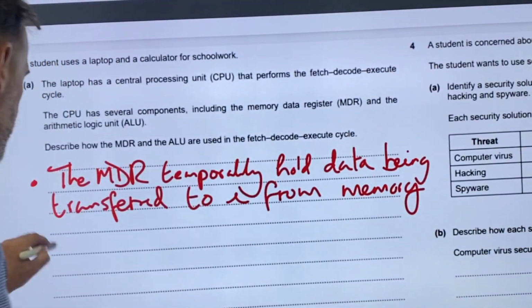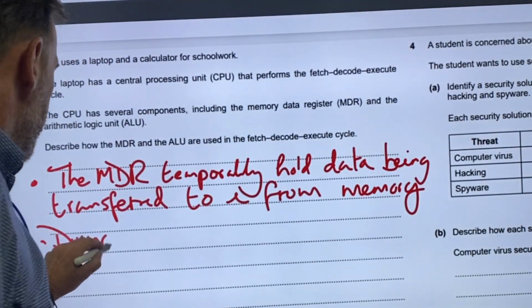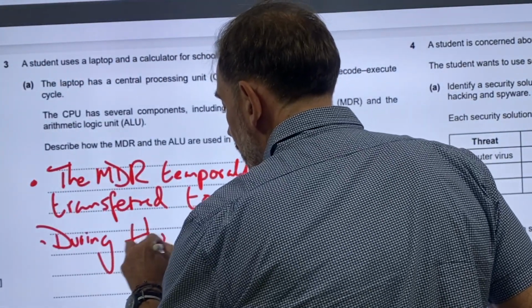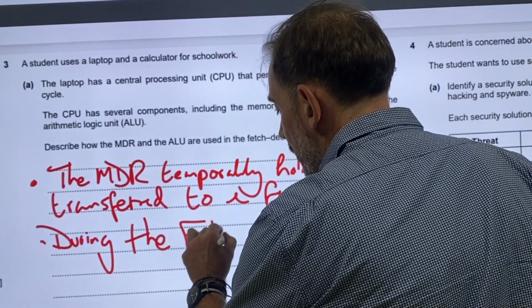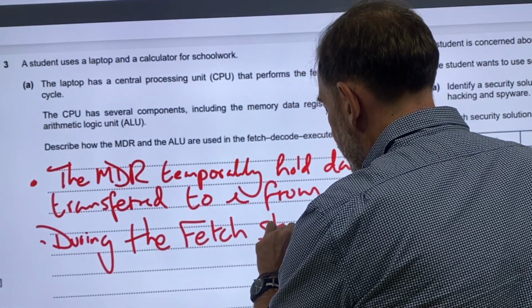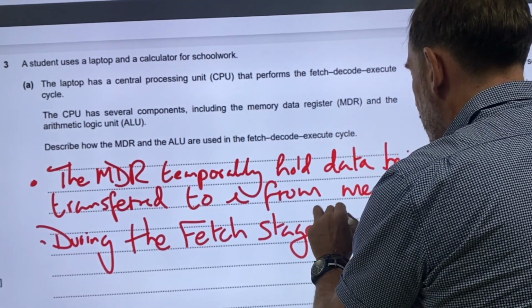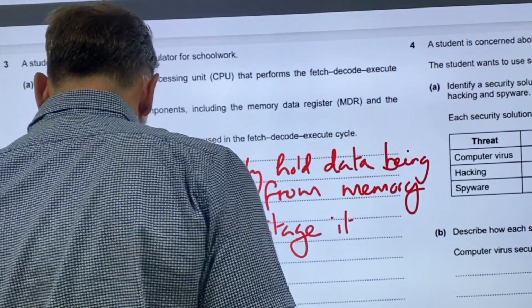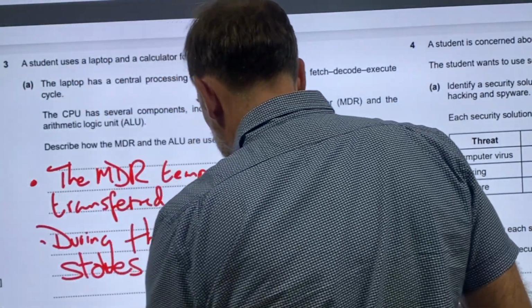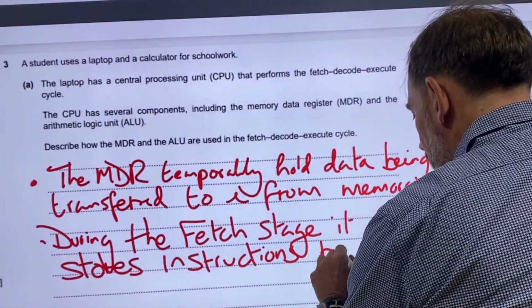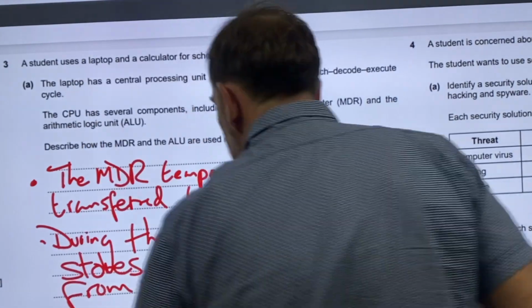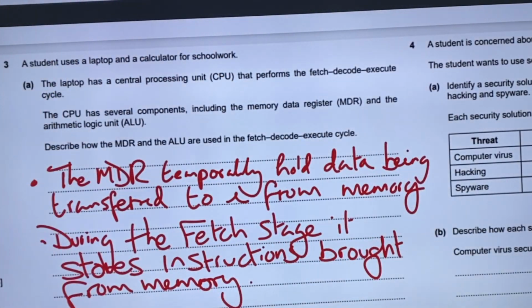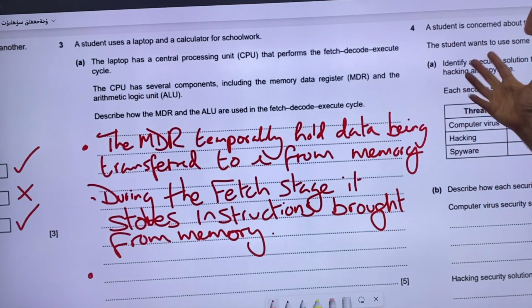During the fetch stage, it stores instructions brought from memory. And then obviously it decodes.